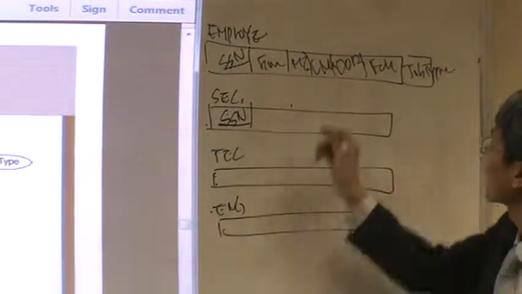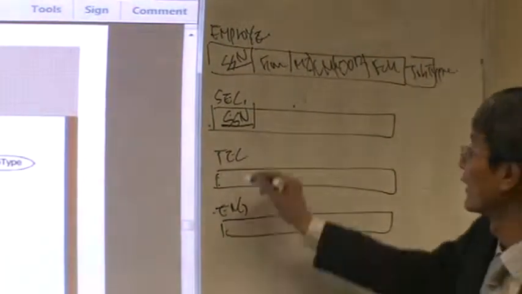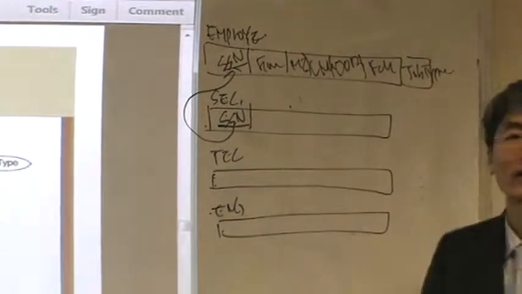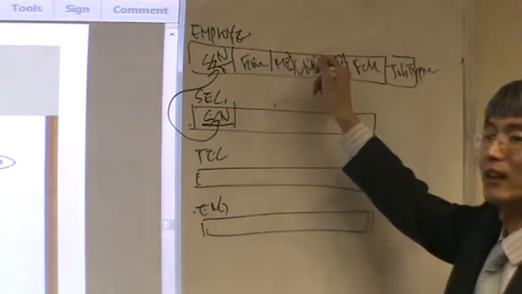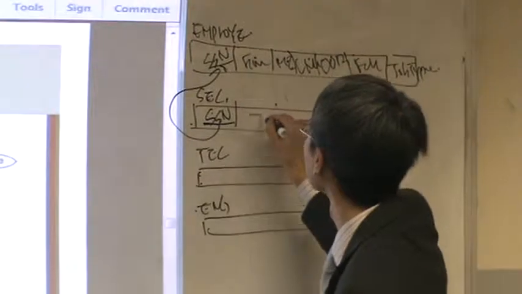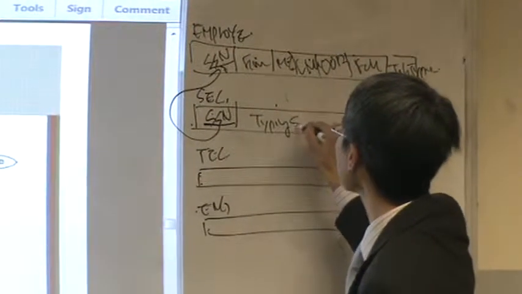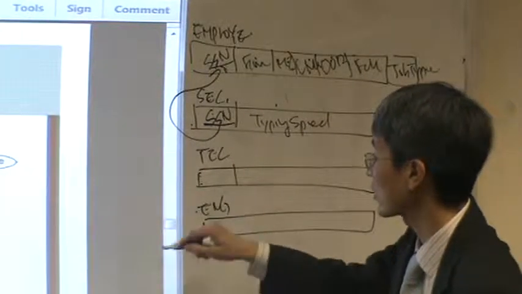Do we need to copy all of this? No, actually not. Instead, we can just create a foreign key. Then using this foreign key, we can find all of this information. Then only typing speed, for the secretary, right? What about the technician? Same thing.